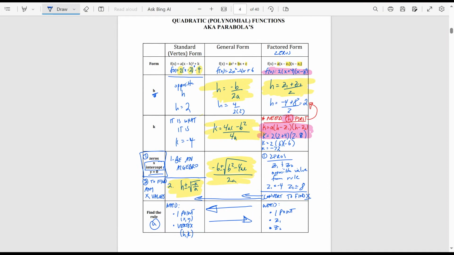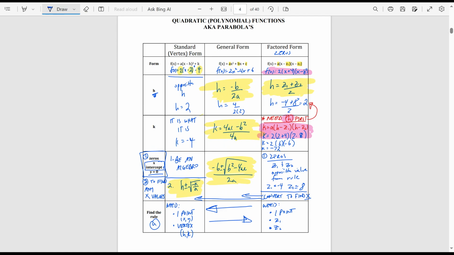I have factored form. I had A, Z1, Z2. So now I can find H if the question progresses to that point. I can find K if the question, again, progresses to that point and is asking for the maximum height. I was already given the zeros off the bat, so that wasn't that hard.